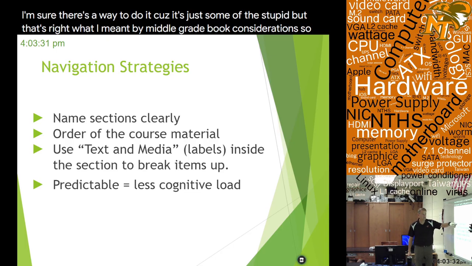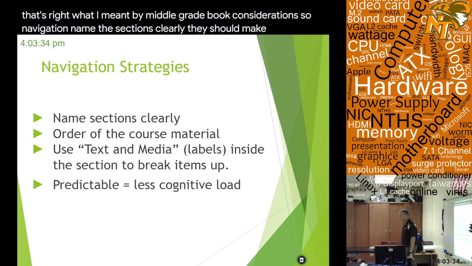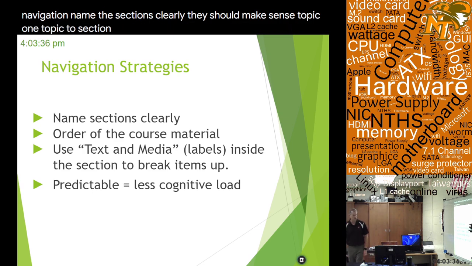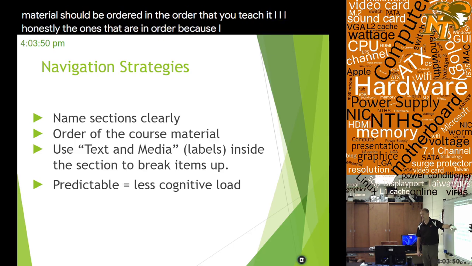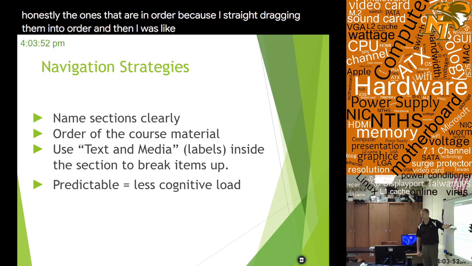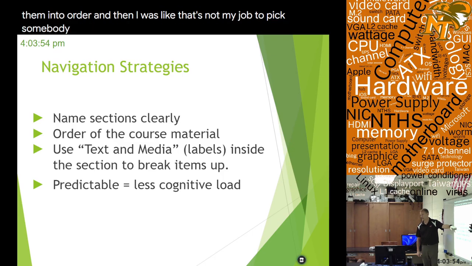So navigation: name the sections clearly. They should make sense. Topic 1, topic 2, section 1, section 2 just don't make sense. The course material should be ordered in the order that you teach it. I honestly started dragging them into order, and then I was like, that's not my job to pick somebody else's spots, because none of them are in order.